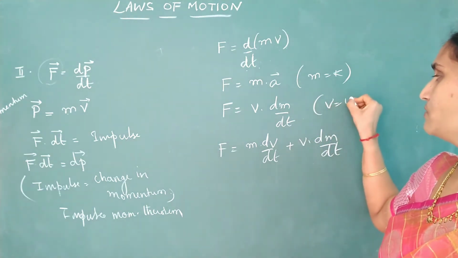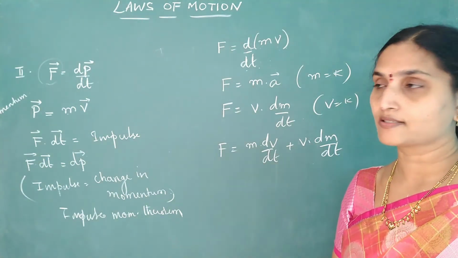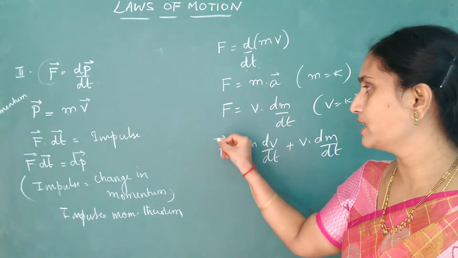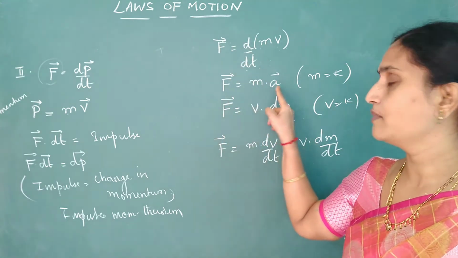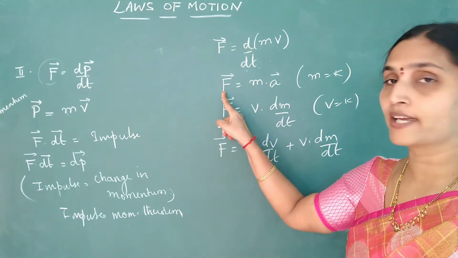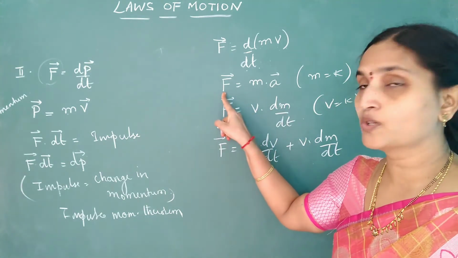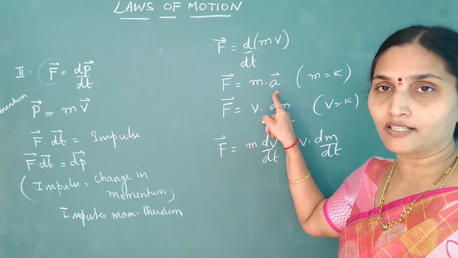So this is the case when v is constant, and this should be the formula when none of them is constant. So this is regarding the force. And remember, force is a vector quantity. F is m into a. Force along the x-axis can produce an acceleration only in the x direction. If your force is along the y-axis, it can accelerate the particle only in that particular direction.